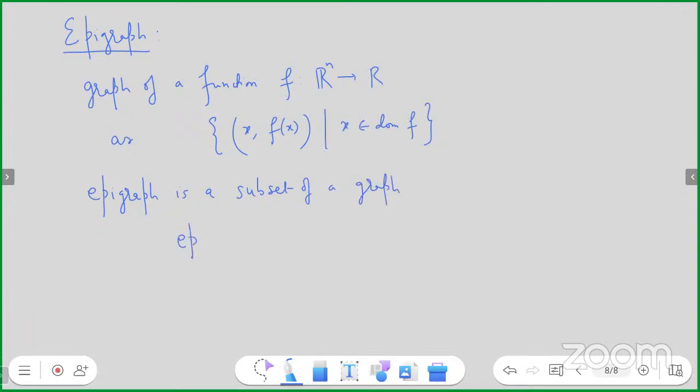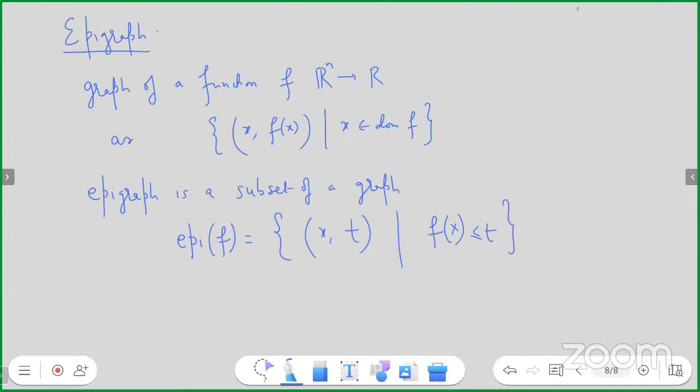Defined as epi of f is equal to x comma t such that f of x is less than or equal to t. But I am intentionally moving from f of x to t, because I need a definition here.